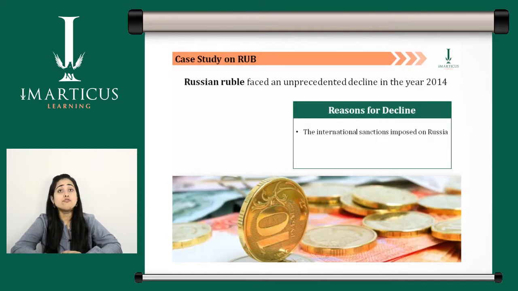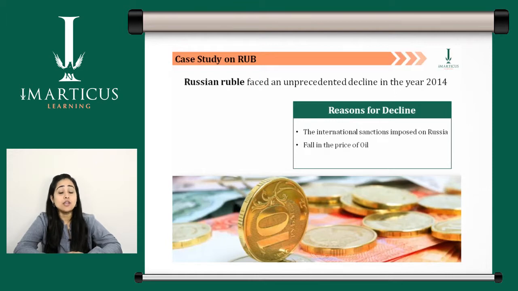Additionally, a lot of foreign investors started selling off their positions in the Russian market. This is because they were concerned that any upcoming sanction could further block their ability to exit the Russian market as and when they wanted. This resulted in an increase in supply of rubles, depreciating it against dollars.